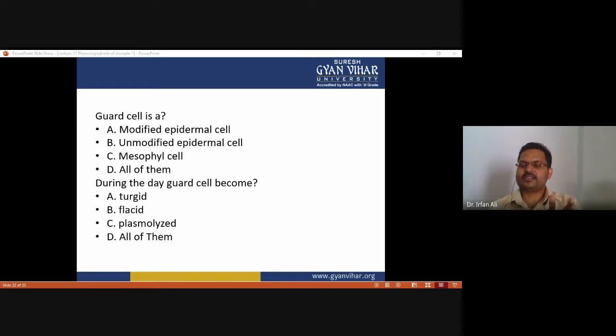That means water flows out from the cell, so the water concentration decreases inside the cell and the cell shrinks. This exosmosis, the flow of water from inside to outside, is when we use the term plasmolyzed. So in the hypotonic condition the cell becomes turgid, in the isotonic condition flaccid, and in the hypertonic condition plasmolyzed. Do you understand these three terms, Josila?